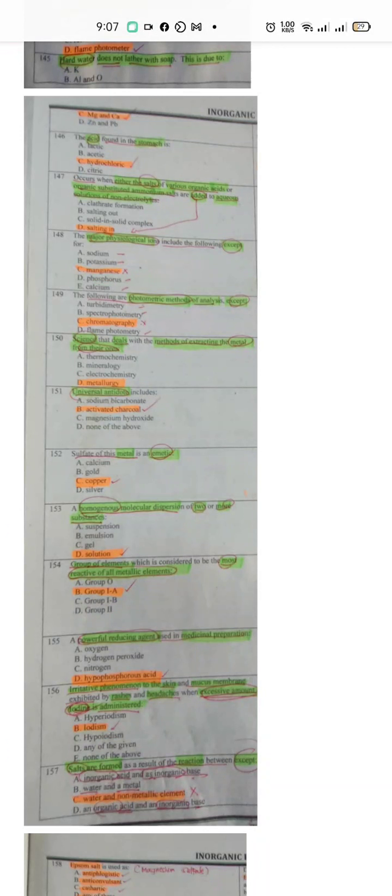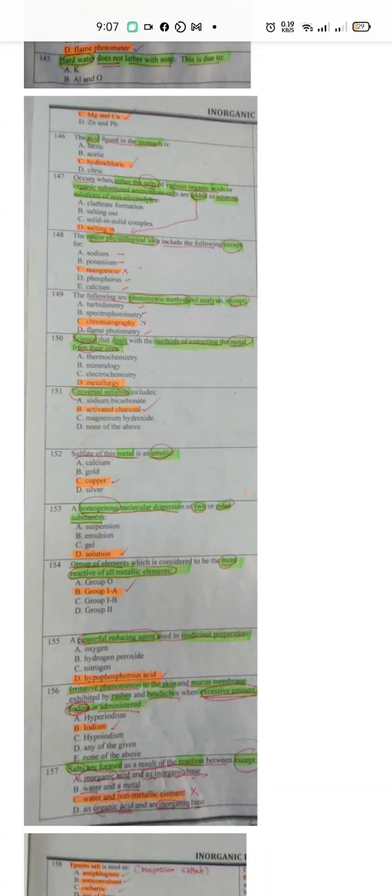salts are formed as a result of the reaction between, except for water and non-metallic element. So the exception here is your water and non-metallic elements. So salts are formed as a result of the reaction between inorganic acid and inorganic base, water and metal, organic acid and an inorganic base.